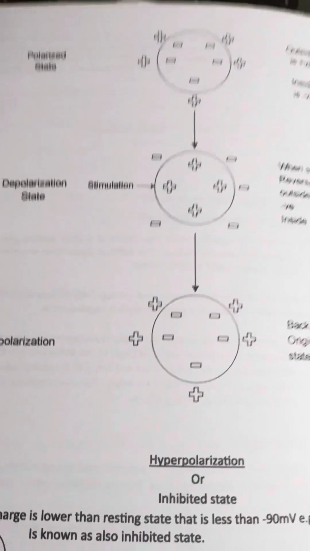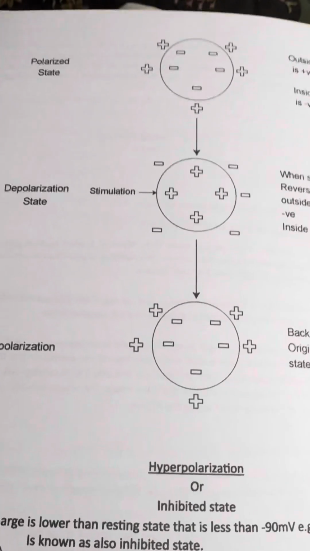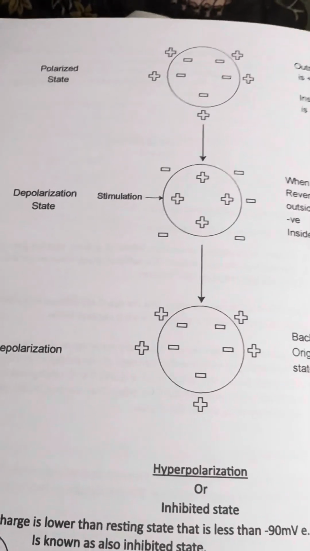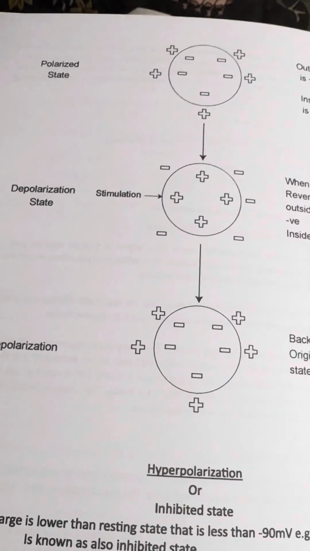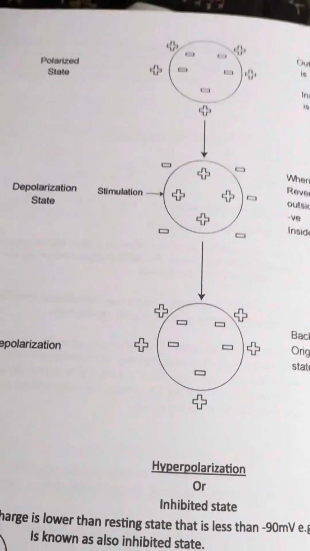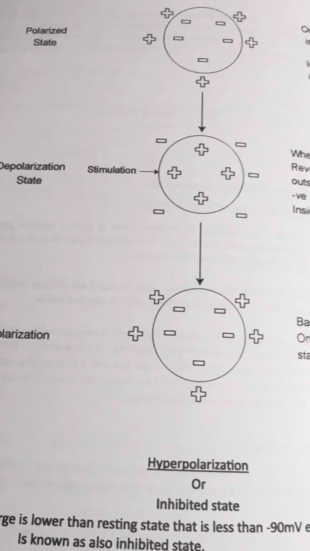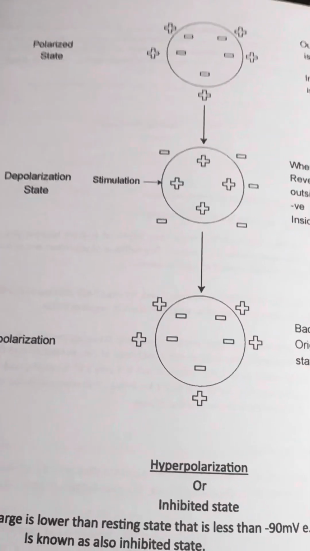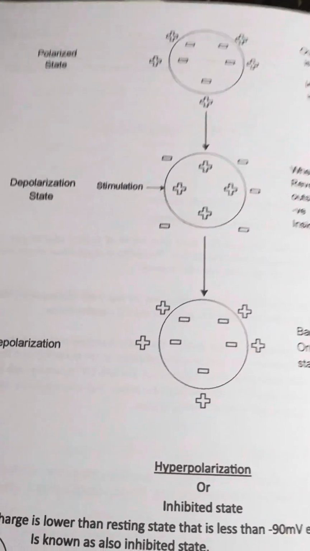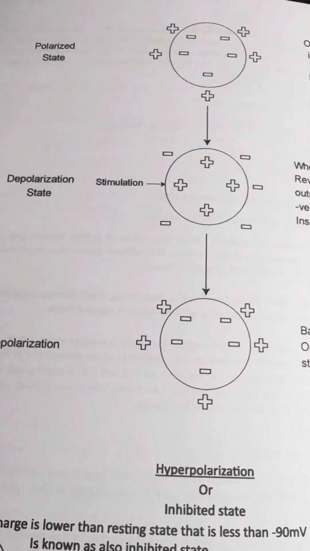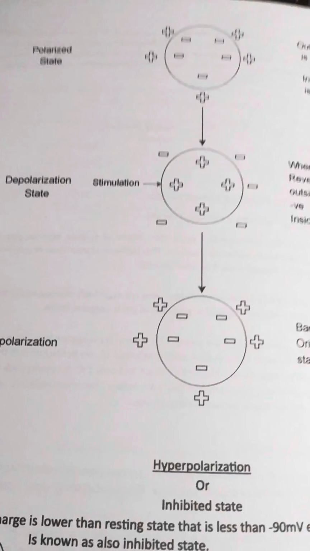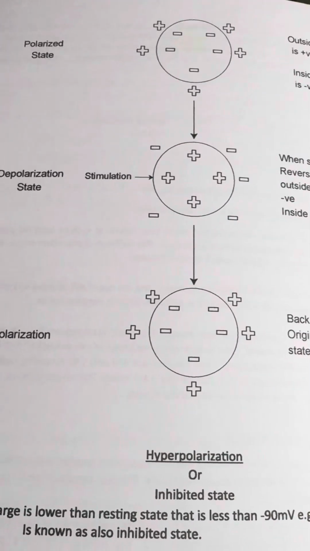Now, why is it important to know that a stimulus triggers depolarization, and the impulse is this wave of depolarization which travels on the surface membrane? That is how an impulse travels from one point to another, or one cell to another. Now, I give you an example which I have told you in the previous one.